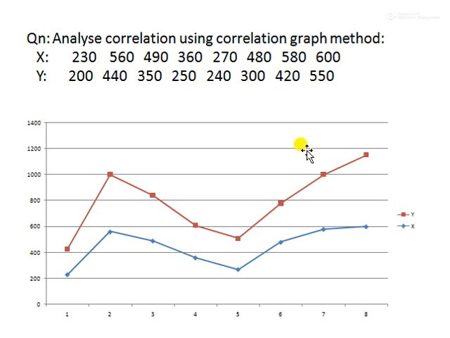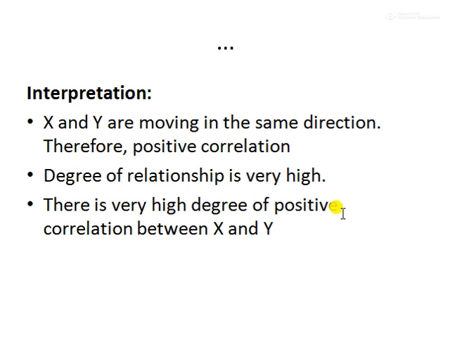In all the time points, x and y are moving in the same direction, and therefore we may infer that there is a very high degree of positive correlation between x and y. Positive correlation, degree of relationship is very high. Therefore, there is a very high degree of positive correlation between x and y.